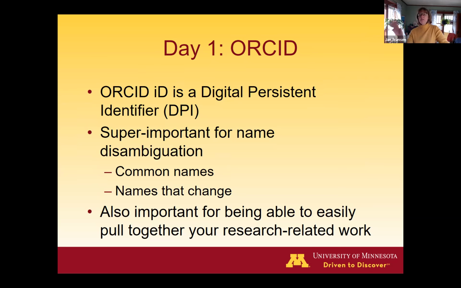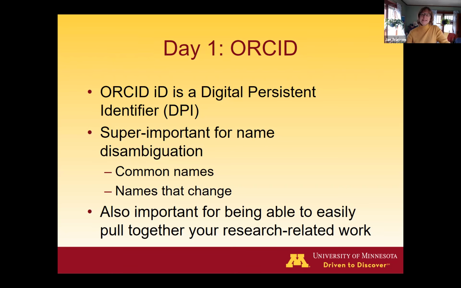And it's really important for name disambiguation. If somebody else shares your name, or even your last name and first initial, or if you've changed your name over time or you think you might in the future, that ORCID ID stays constant. So it can be related to any of your work that's related to research, whether it's publications or grants or something else.